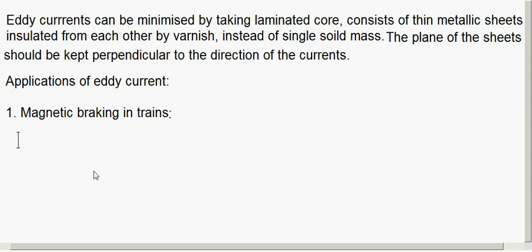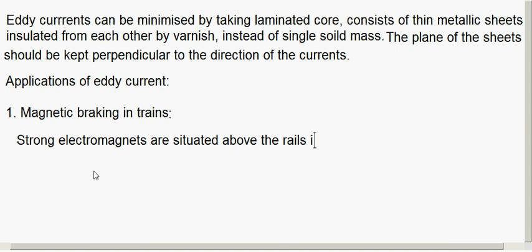Strong electromagnets are situated above the rails in some electrically powered trains.